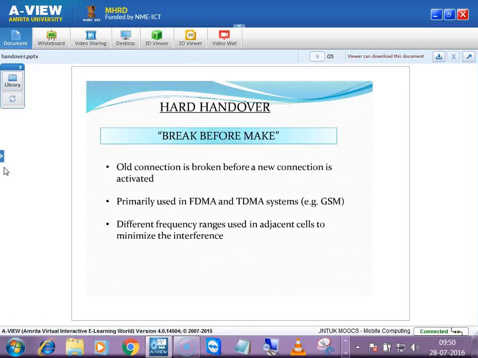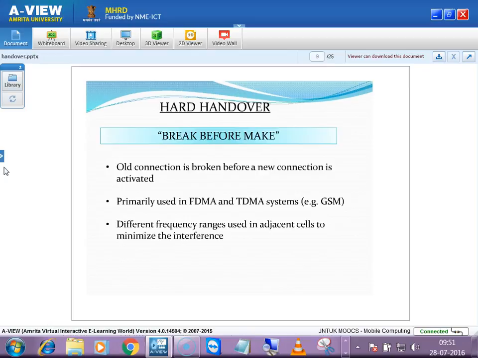Like crosstalk. You're calling some person, and these things happen. In hard handover only, these cases can happen, like some other things will be involved. So different frequencies. Whenever you use the same frequencies in adjacent cells, interference happens. Because of that only, you will have such kind of problems.